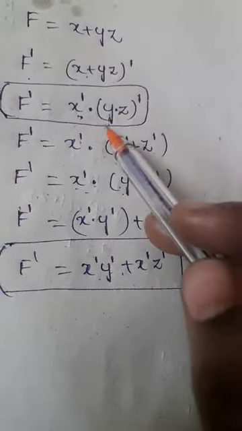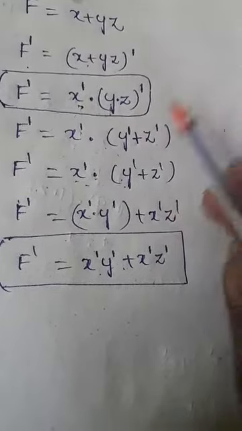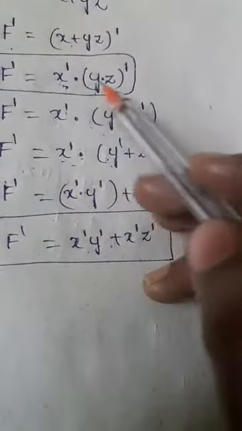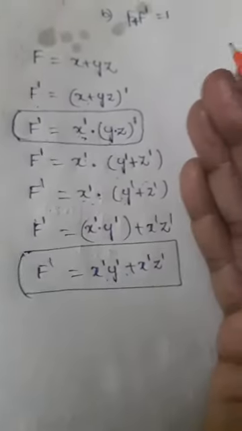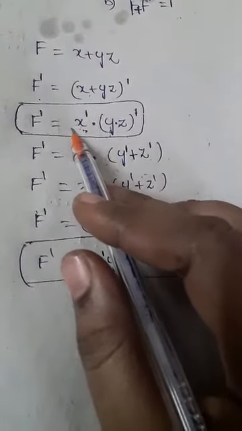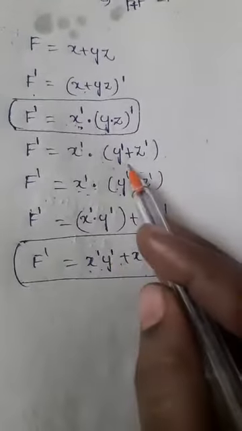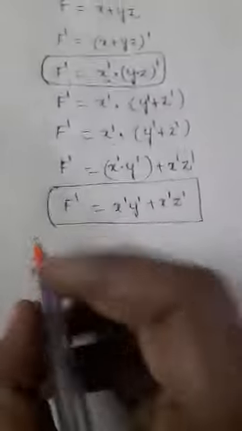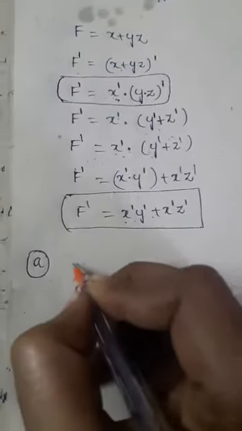So F complement is equal to X complement into Y complement plus Z complement, or maybe X complement into YZ whole complement. That means you can consider the F complement function in three forms, and you can use any of them, no problem. Firstly we'll solve the first one, and we can prove that.